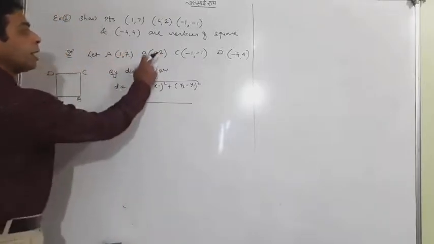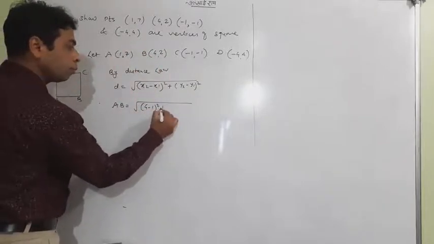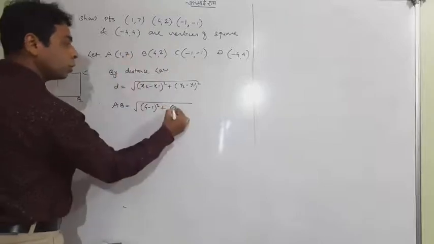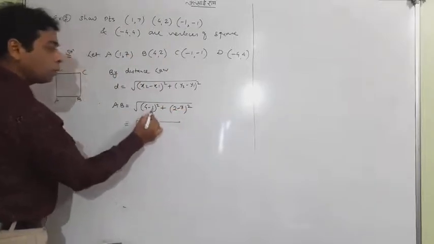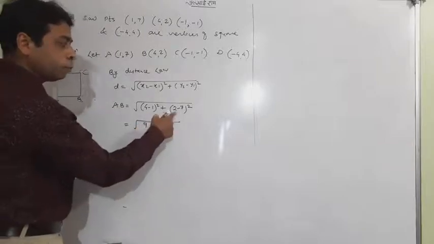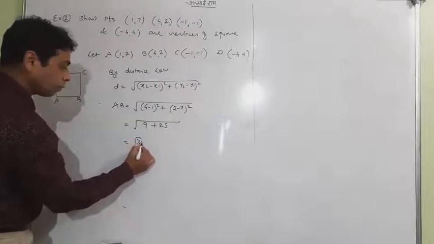So your formula is (x2 minus x1) whole square plus (y2 minus y1) whole square. So 4 minus 1 is 3, square 9, and 2 minus 7 is minus 5, square 25. So your answer is 34.